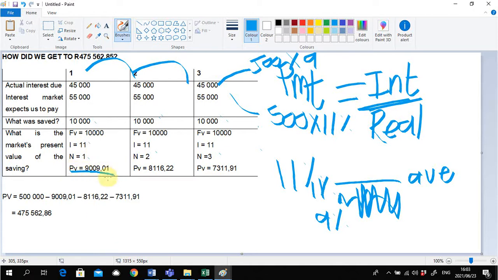What is the current value? It's 9,009.01. If I save 10,000 Rand 2 years from now at a market rate of 11%, it's 8,116.22. And if I save 10,000 Rand 3 years from now at the market rate of 11%, it's 7,311.91.